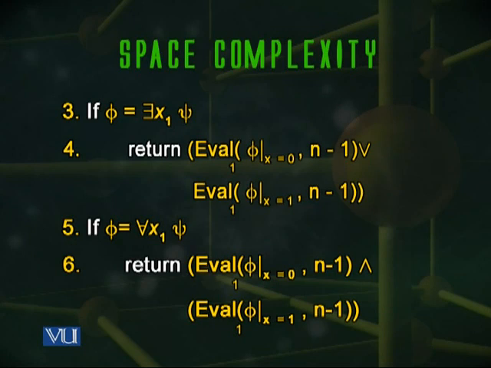When the call returns, we can pop the stack, compute phi restricted to x equals 1 and make the recursive call. Thus, at any point of time, you need to store only one formula on the stack, and that has polynomial length. Therefore, this is a polynomial space algorithm.